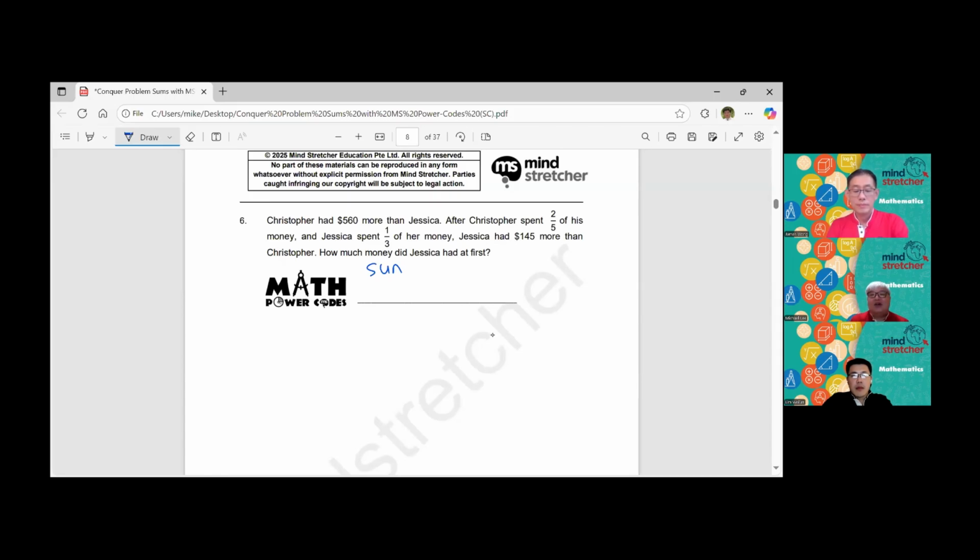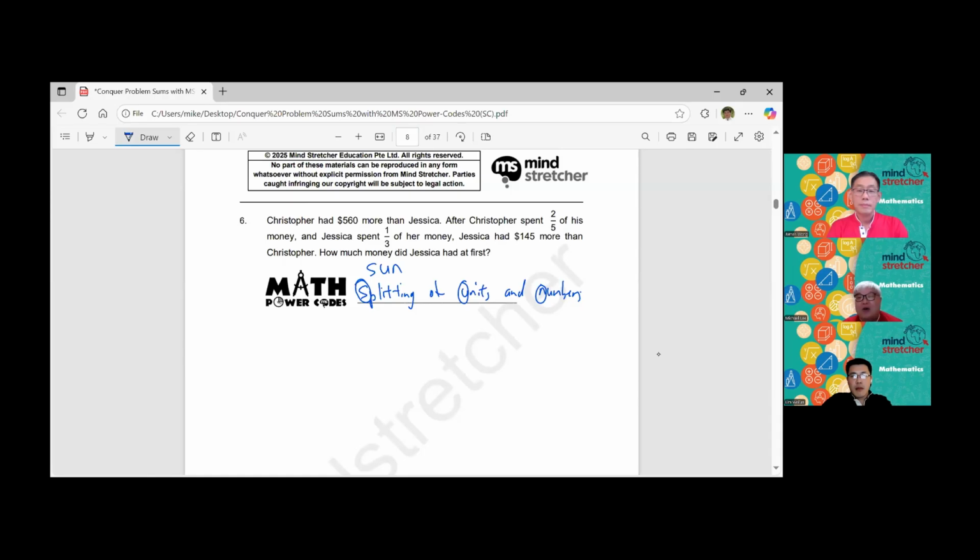SUN actually means splitting of units and numbers. So SUN is actually the short form for this power code here, that is splitting of units and numbers, S-U-N.